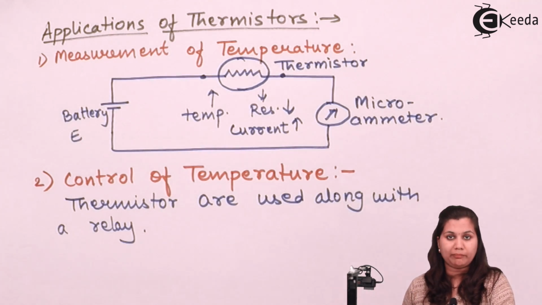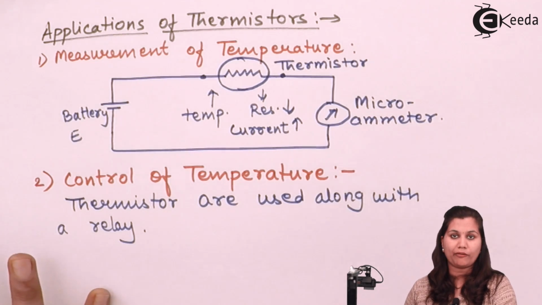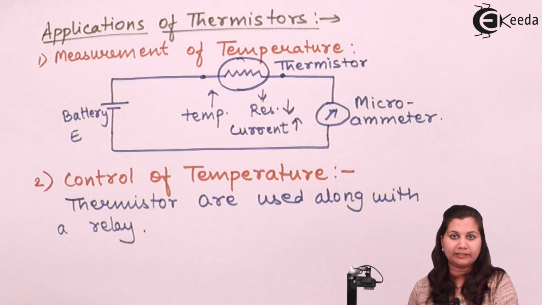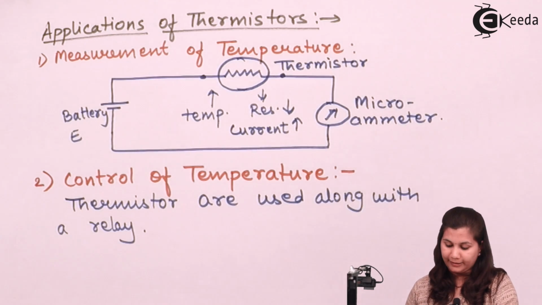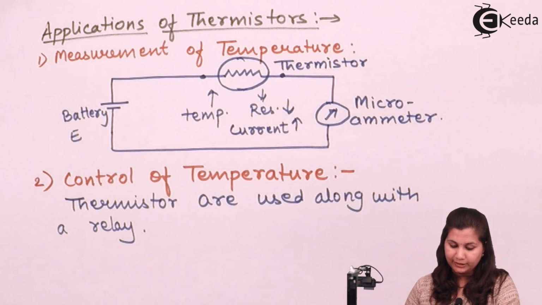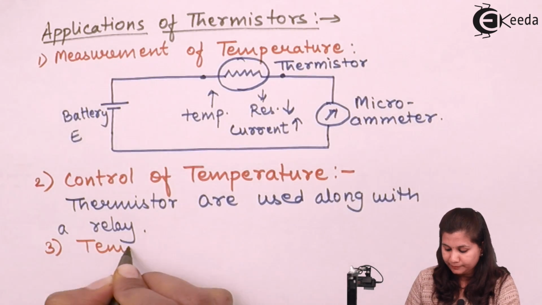So whenever the temperature is increasing beyond a certain range, the relay is going to get activated and it is going to cut off the supply of current to the other instruments or devices connected in the circuit. So in this way, thermistors can also be used for the control of temperature. And another application is temperature compensation.